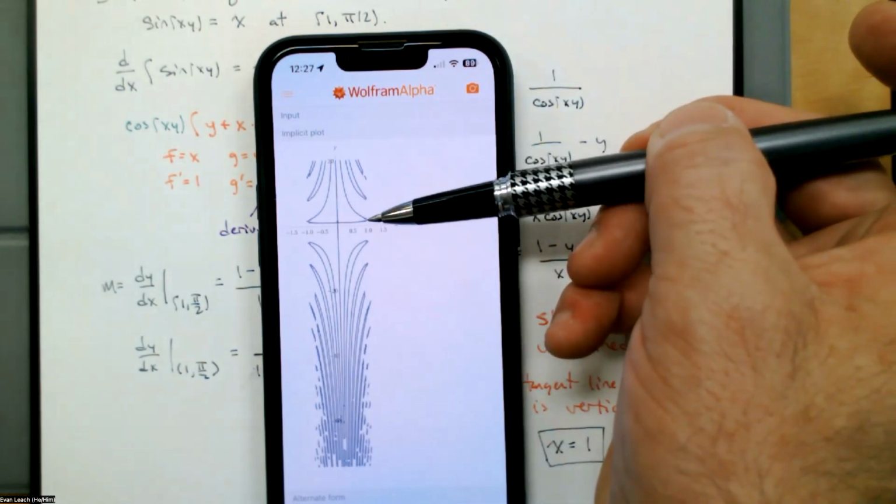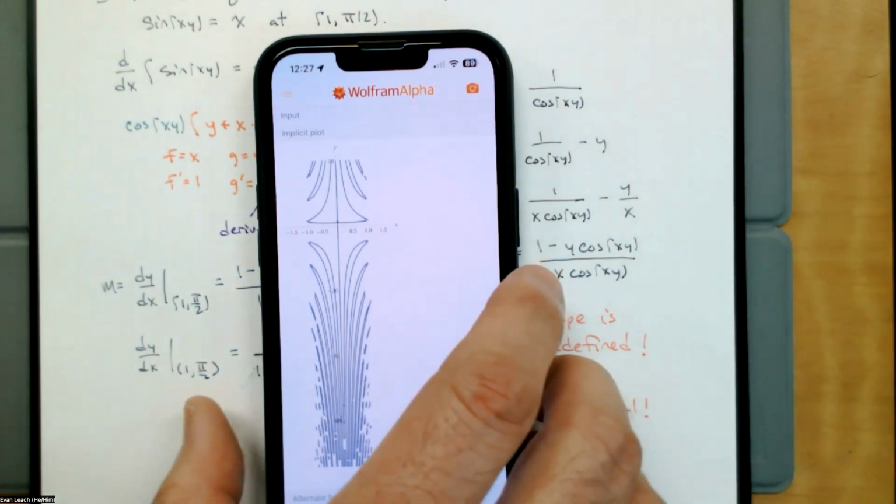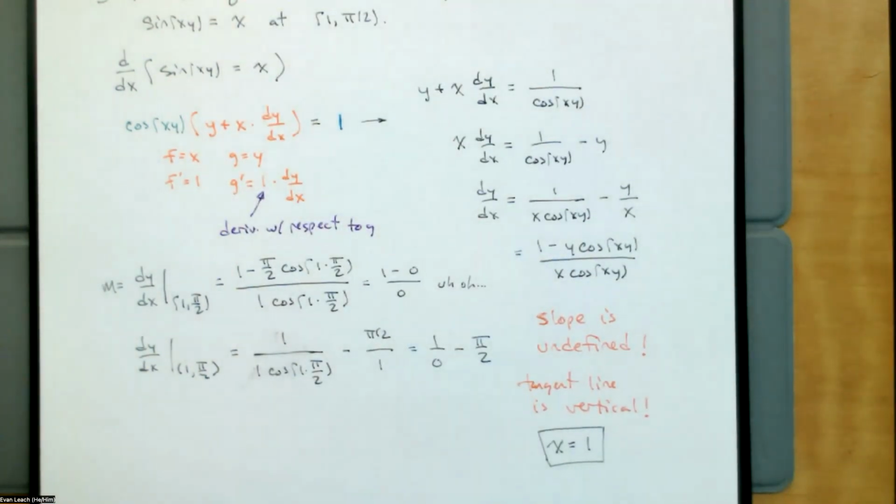And notice that what's happening at 1 is that it looks like we have a vertical line. So it looks like our analysis is correct. When we find dy dx, we get an undefined value at this point. A line with an undefined slope is a vertical line. So x equals 1 will do.